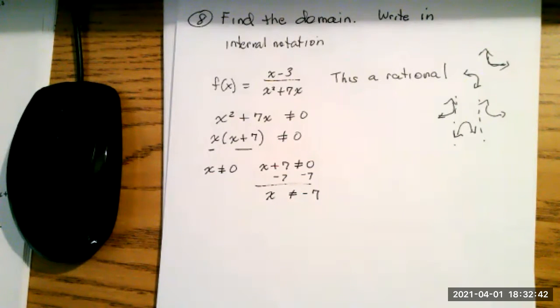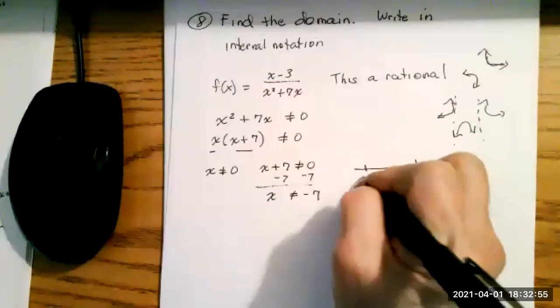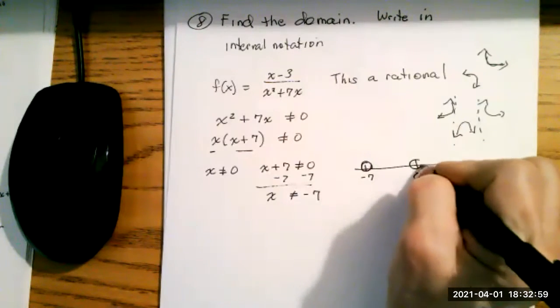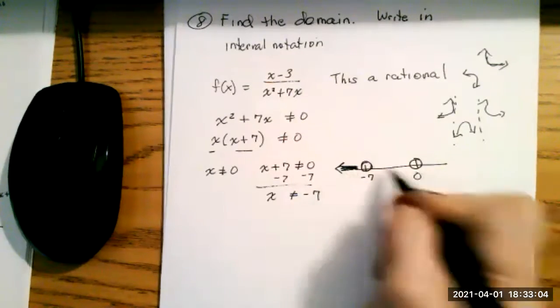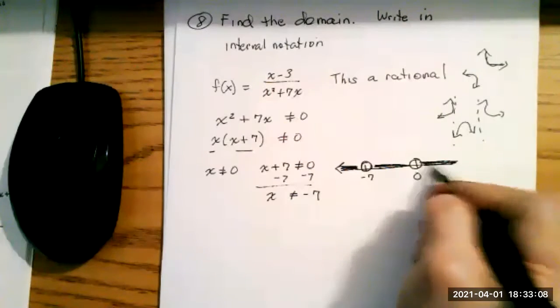So there's my answer right there, but I have to put it in interval notation. Sometimes it helps to draw a graph. So here's your 0, and here's your -7, and it can't be -7, and it can't be 0, but it can be anything on this side of -7, and anything in between, and anything that's on that side of 0.